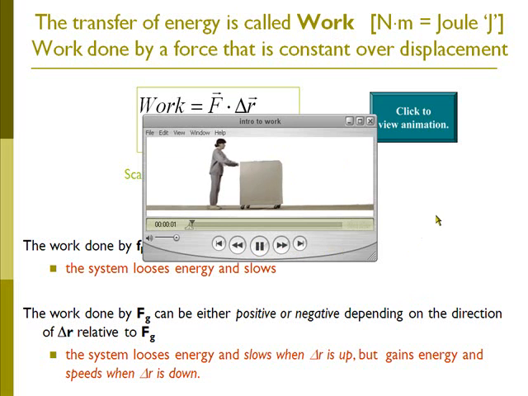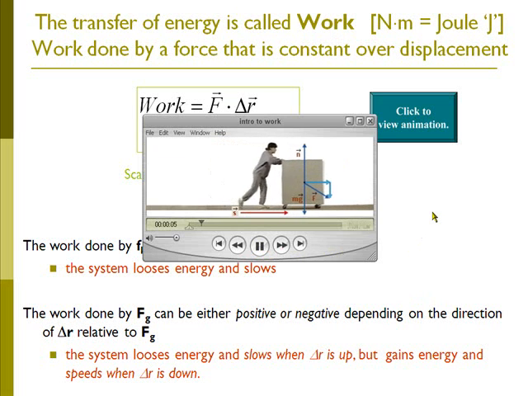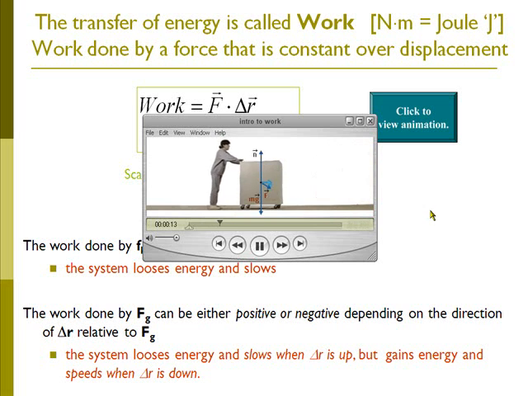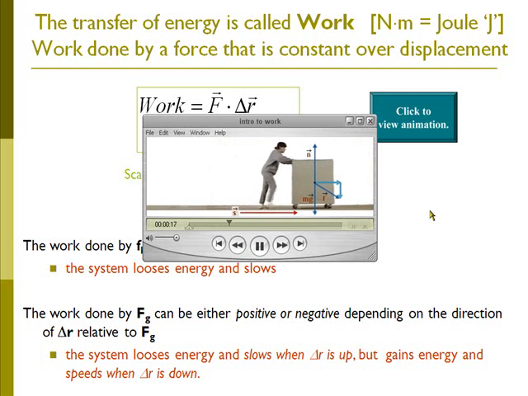A person pushes a box along a horizontal surface. Because a net force is applied to a mass and the mass moves a net distance, we say that work has been done. The work done depends on the angle between the force F and the displacement vector S. Because the person pushes the box at a diagonal, only part of the force vector actually contributes to the work.